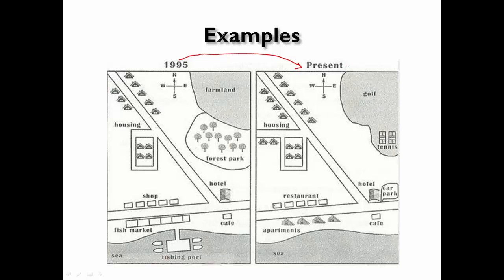And again, what they want you to do is explain how this town has changed. So for example, farmland and forests have changed to a golf course and tennis courts. Okay, very, very simple.